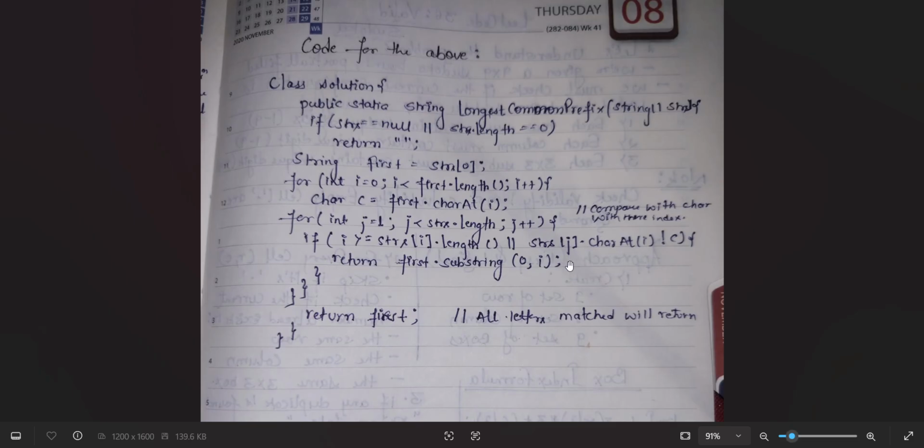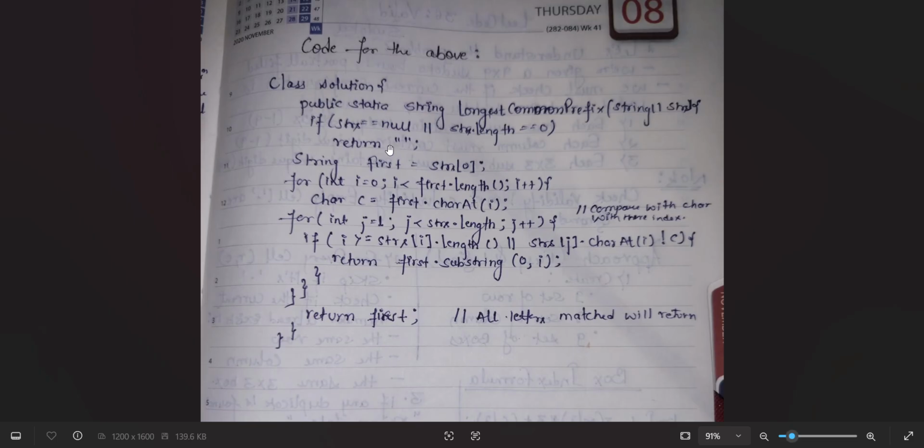Otherwise, if all the data is matched, just return the first one. That means all characters are matched. That's the basic condition. If all characters are matched, then it will return the first string.